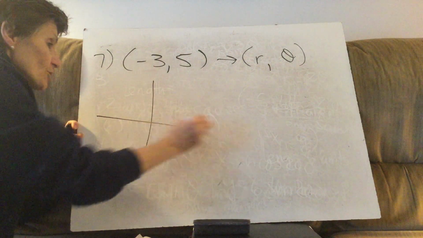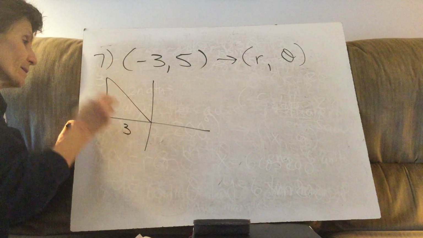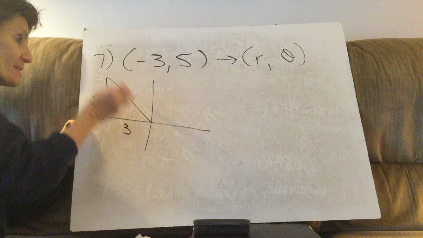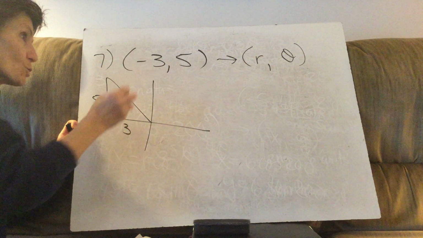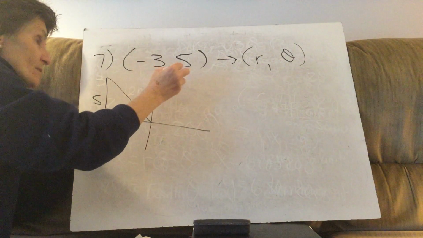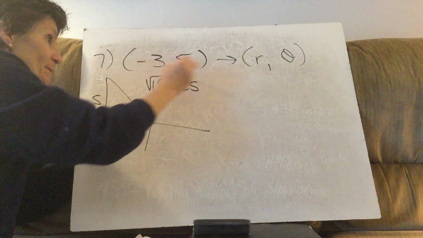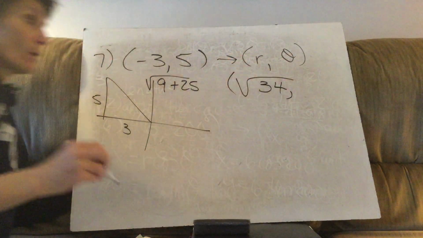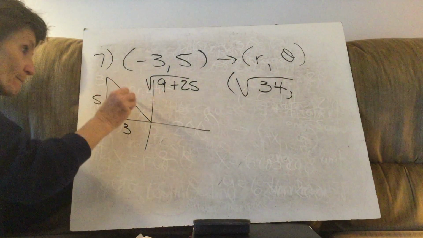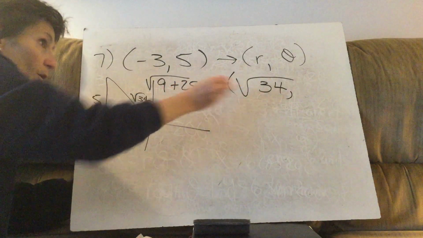So we'll draw a picture. Left 3, up 5. This is r. This is the magnitude. So we're going to square 3, square 5, add them together and take the square root. So the radius is root 34. r is root 34. That's your r value.